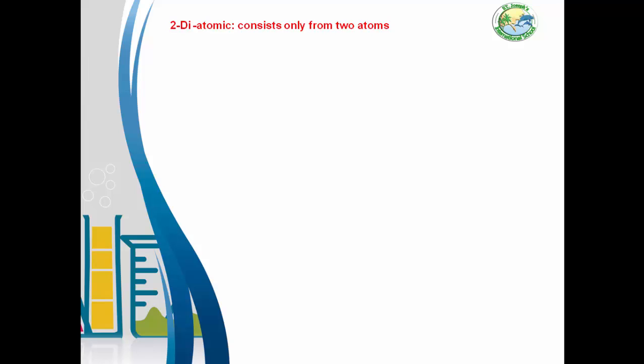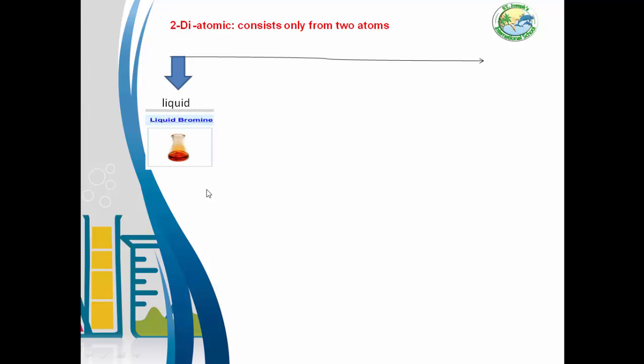What about the diatomic element? Diatomic element means it consists of two atoms. It may be liquid or gas. Liquid like bromine. Bromine consists of two atoms of bromine.